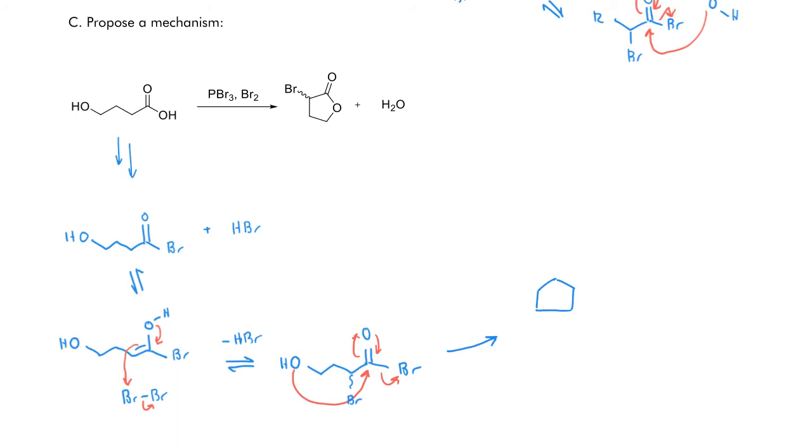This generates a cyclic ester, or a lactone, with an alpha bromo attached. A final step would be deprotonation, probably by the bromide, to leave us with the neutral lactone with that alpha bromo attached. So that's a decent mechanism, I think, for this variant of the Hell-Volhard-Zelinsky reaction.